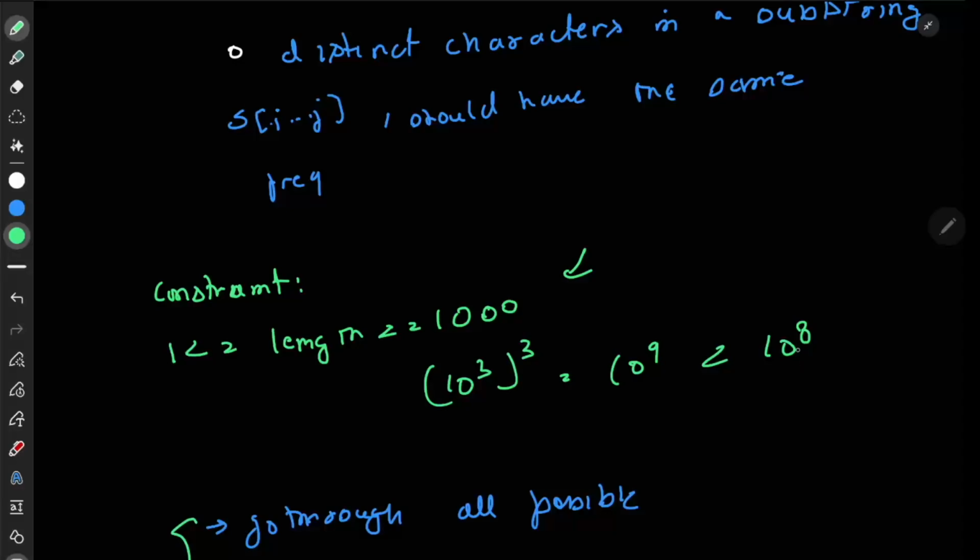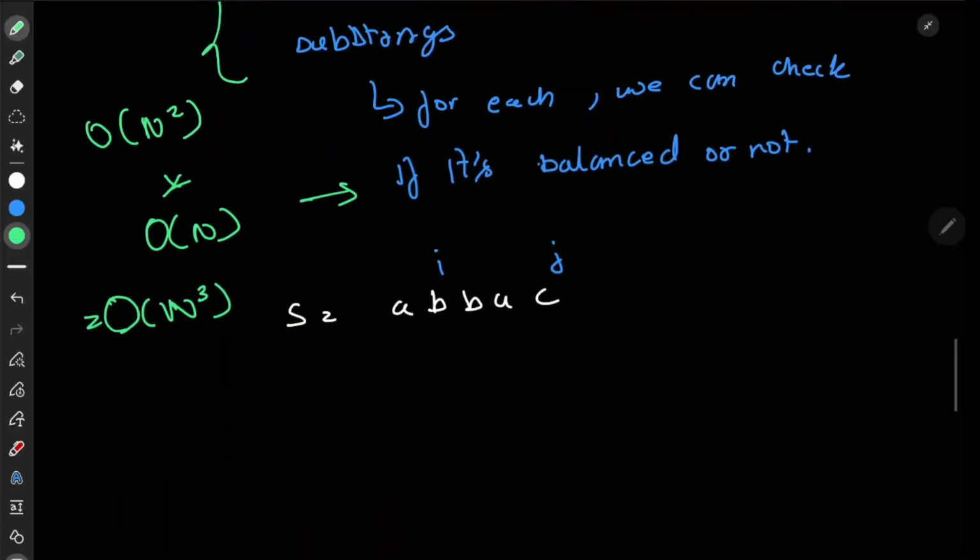So can we think of something else? Can we optimize this into an O of n square solution so that it runs in at worst 10 to the power 6 operations, which fits right under 10 to the power 8? Yes, we can. Instead of building a frequency map for each range from the ground up, we can do a simple optimization.